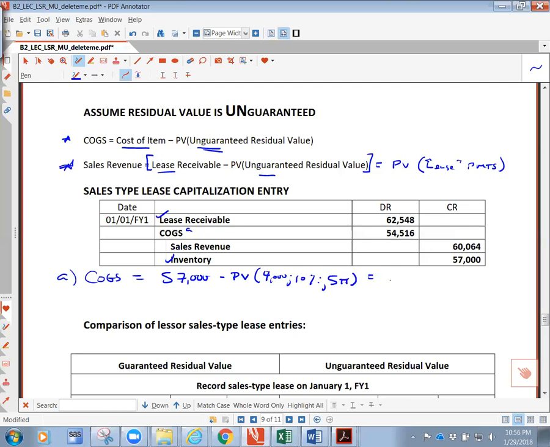Okay, and that's going to equal 54,516. All right, and B, sales revenue. Sales revenue equals the lease receivable capitalized, 62,548, minus, and let's go back and find that present value of the 4,000.